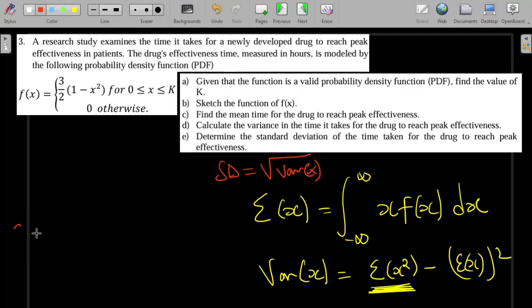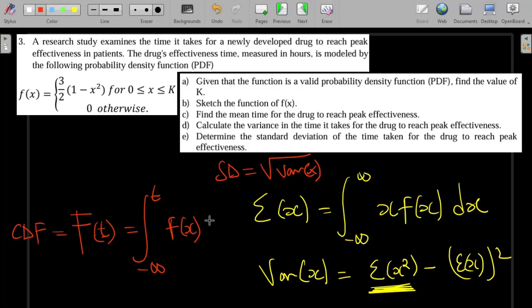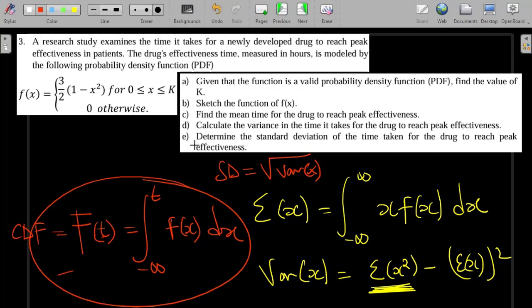The CDF, which is the cumulative distribution function, is given by a capital F, and then you can put any variable here, maybe t, equals the integral from the lowest point up to this t of whatever function that you have here, and then dx. So we're going to be using this one here to find the CDF.